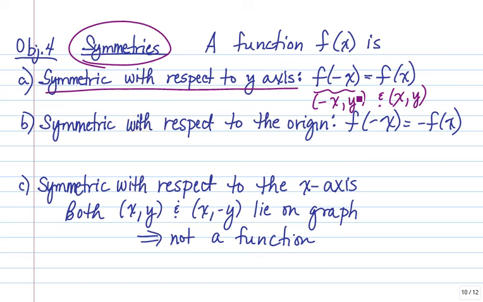So if the y values are the same for opposite x values, we're saying that this one is balanced with respect to the y-axis. In other words, the images on the left side and the right side of the y-axis are the same.